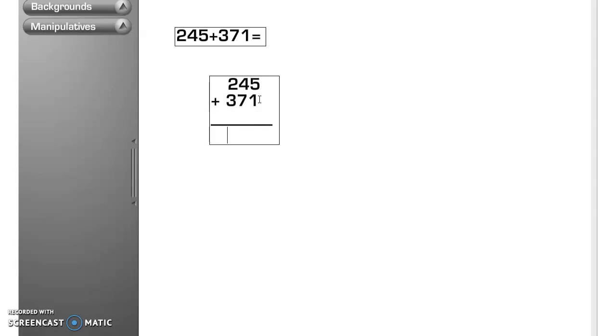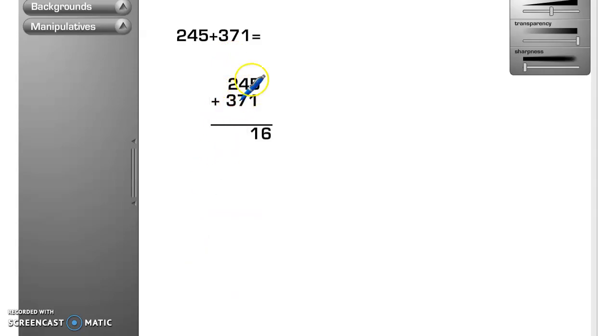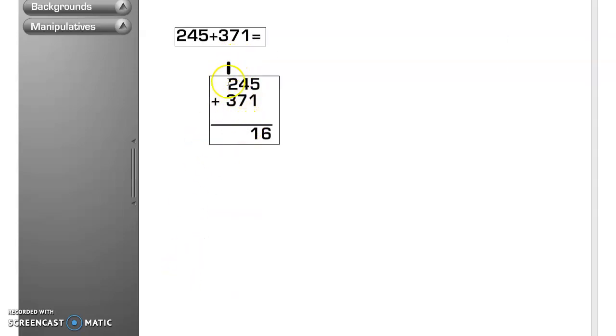So 5 plus 1 is 6. 4 plus 7 is 11, so I'd put a 1 here. And then I'd need to carry a 1 right here. Next, what I do is I'd add the 2 plus 3, which is 5, plus 1 more, which would be 6. So my answer would be 616.